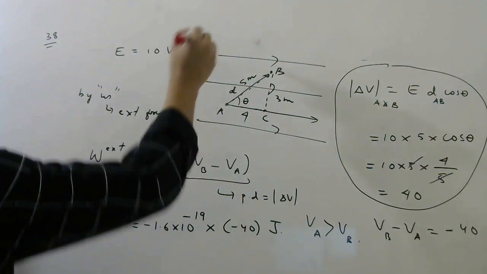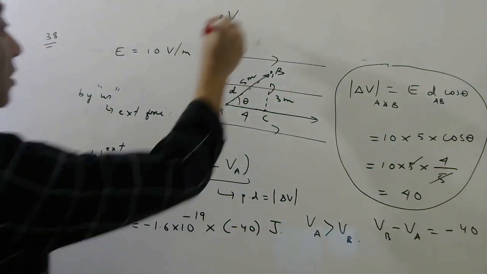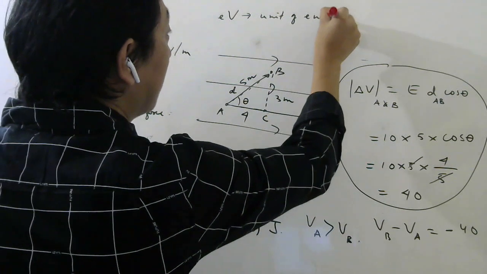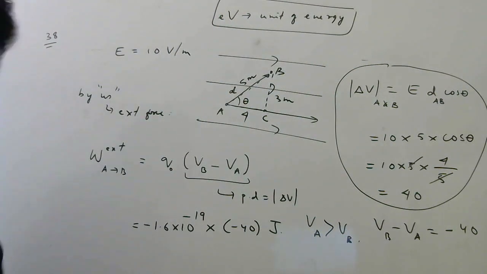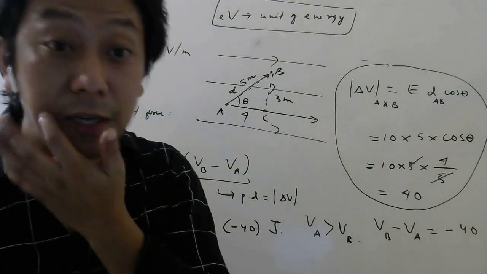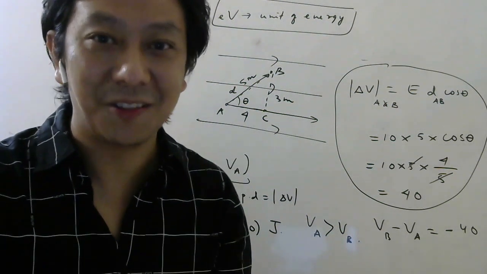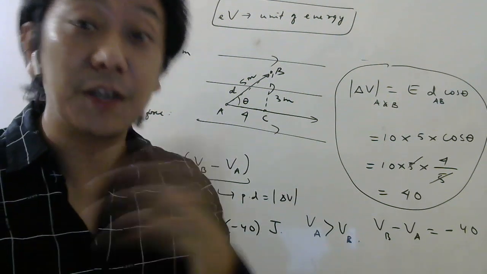So this electron volt I'll be teaching you much later, but let me just quickly tell you, this is a unit of energy. Just like joules is unit of energy, electron volt is also unit of energy. Just like centimeter is unit of length, meter is not the only unit of length, no, centimeter, millimeter, but you should know how to convert from centimeter to meter.